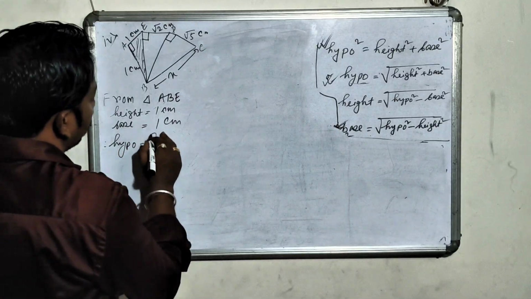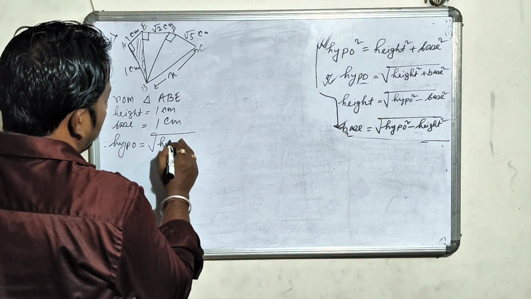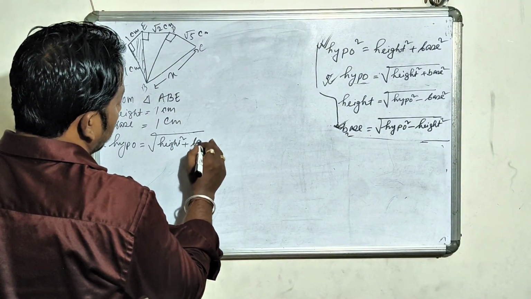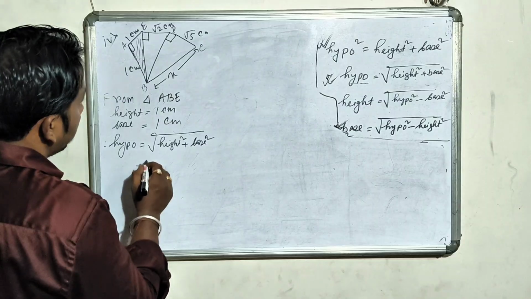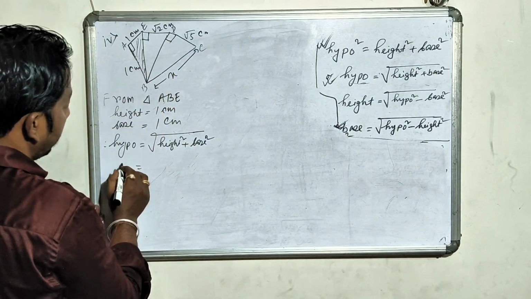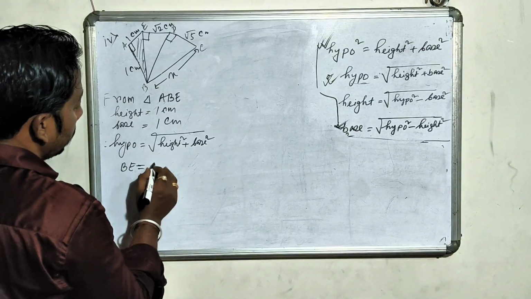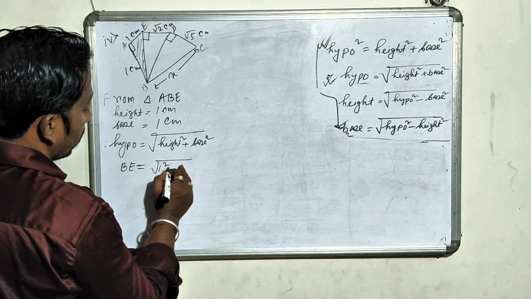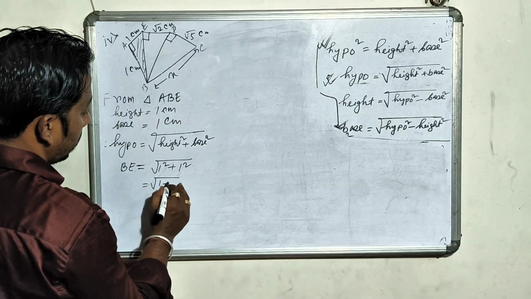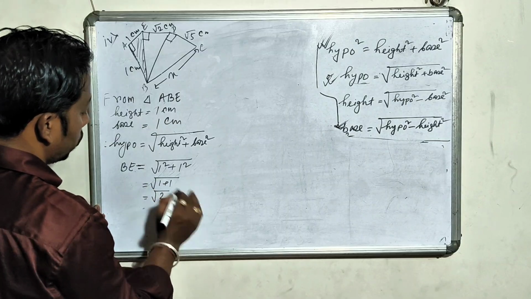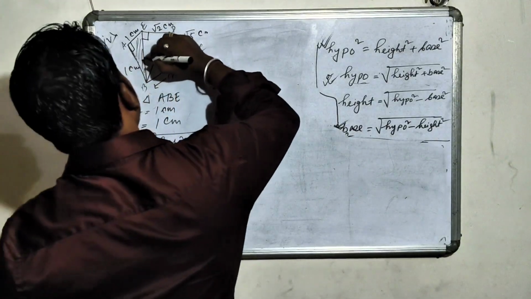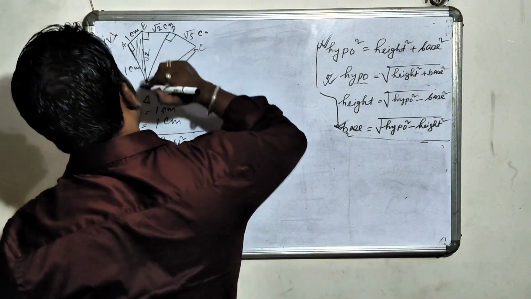Hypo equals to root over of height square plus base square, that is hypo means BE, that is BE equals to root of 1 square plus 1 square, that is 1 plus 1, 2. Okay, so hypotenuse is √2.